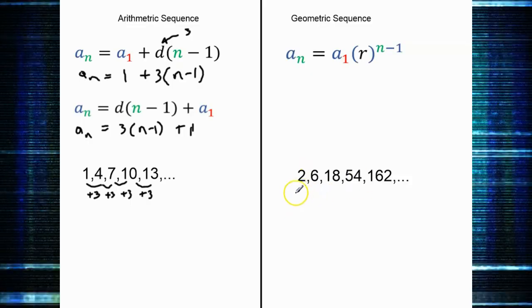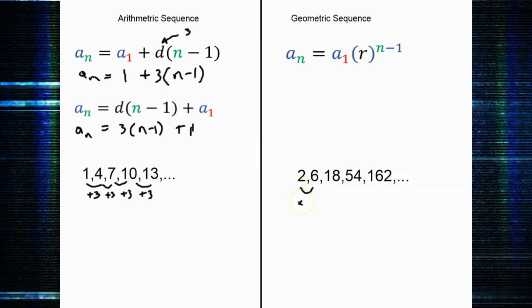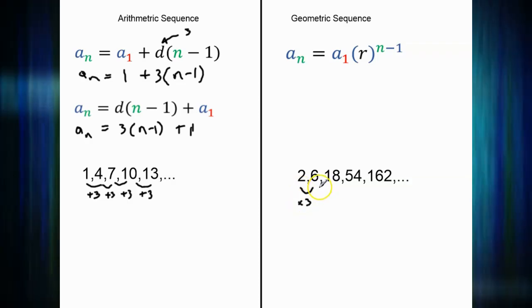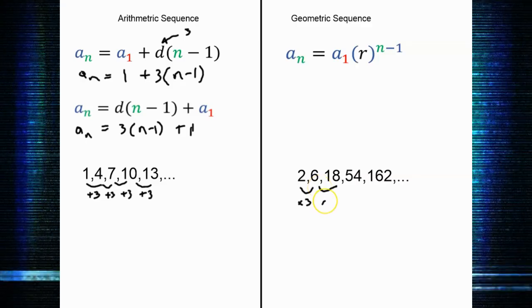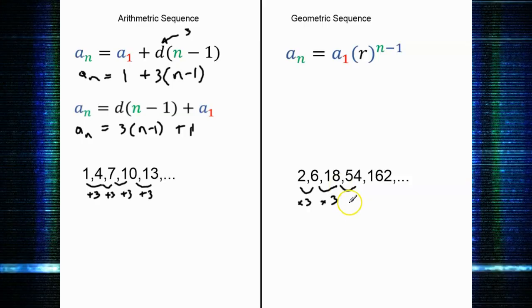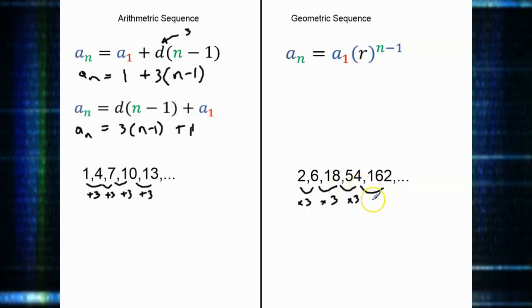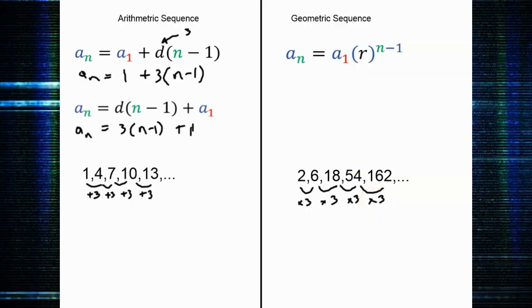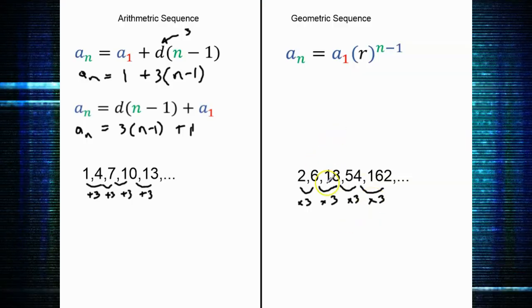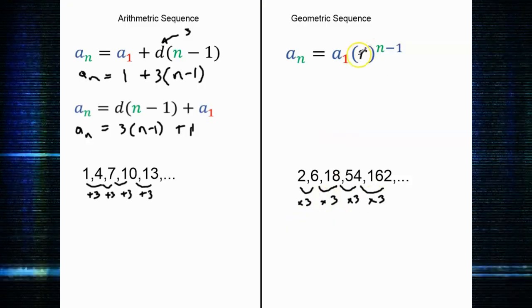In this case, our geometric sequence, we're going from 2 to 6 by multiplying by 3. We're going from 6 to 18 by multiplying by 3. We're going from 18 to 54 by multiplying by 3. We're going from 54 to 162 by multiplying by 3. So that means that 3 is what we're going to call our common ratio, which is r.